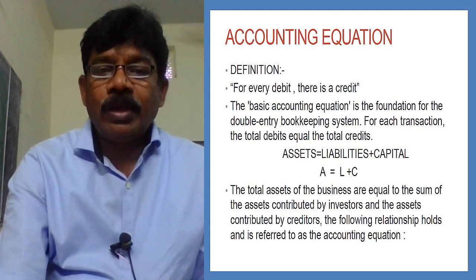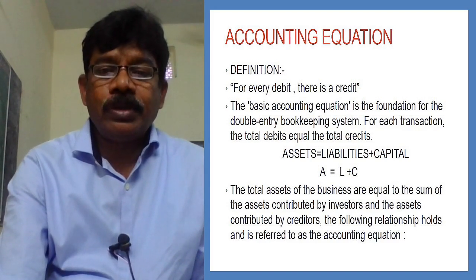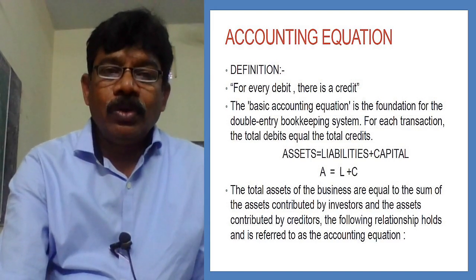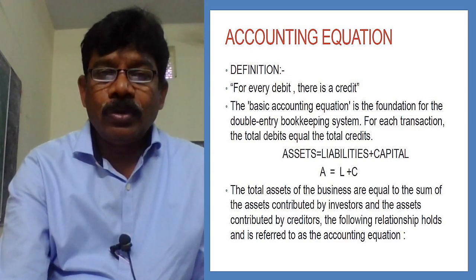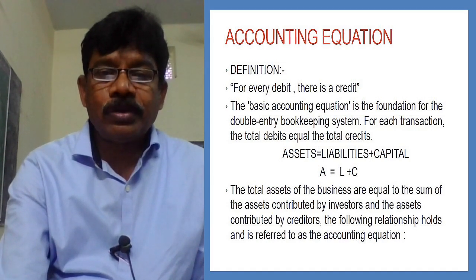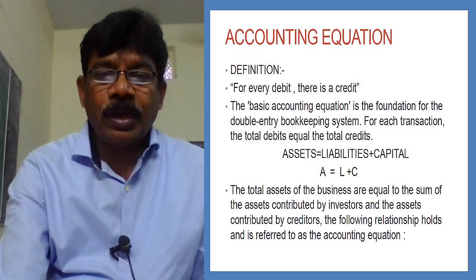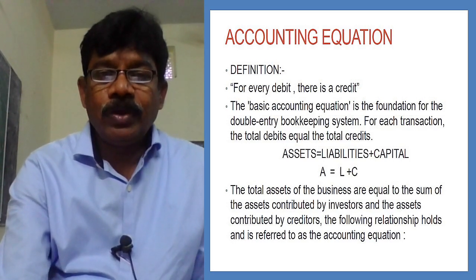For each transaction, total debits equal total credits. Whatever transaction you put, its impact on assets and liabilities will always be equal: assets amount is equal to liabilities and capital. Practically, we can understand how it will equate.